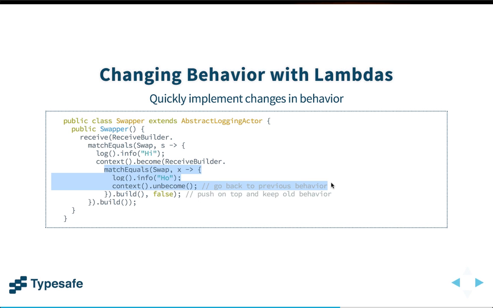That basically goes back to the previous behavior on the behavior stack. So you can add behaviors onto the actor's behavior stack and then just pop them off. Okay. This is a very powerful abstraction for handling states or going through a protocol of interactions.